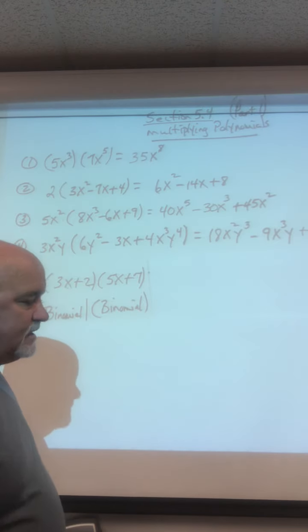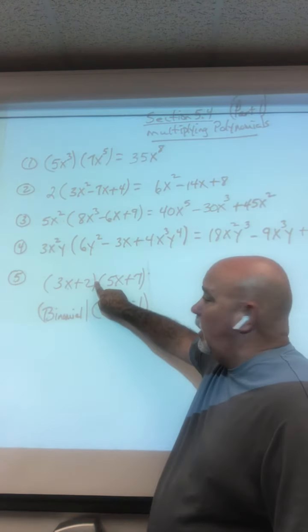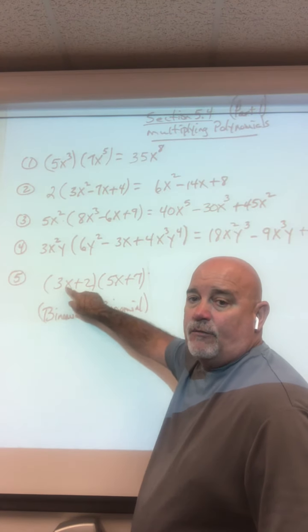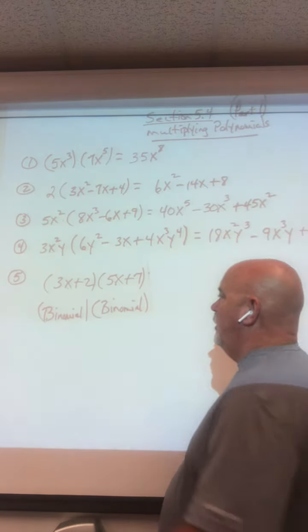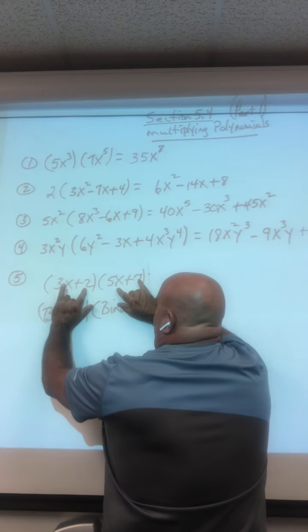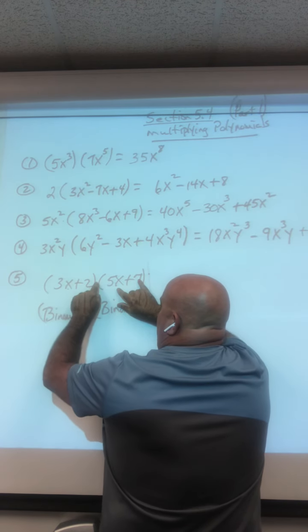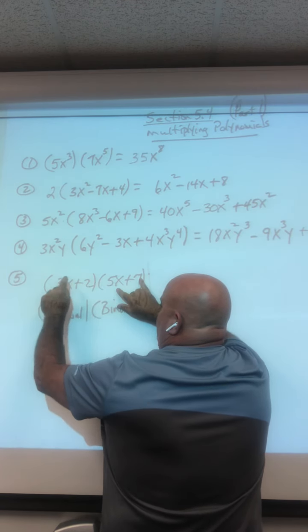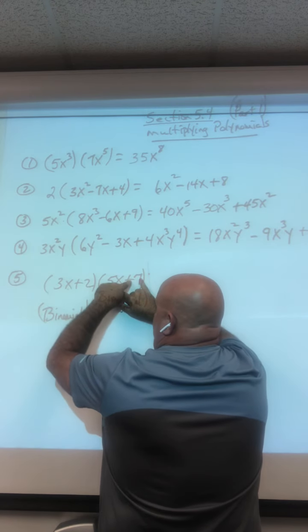Well, let me give you the process first and then we'll work it. So here's what I have to do. I have to multiply each term over here times each term over here. So I'm going to start out with this term and multiply this term times both of these. So I'm going to say this times this one, this times this one.